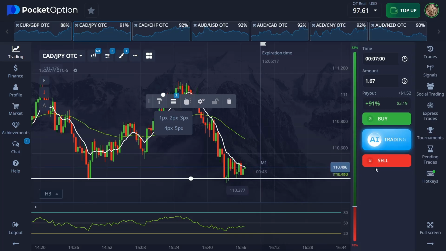But in binary option, the difference is that you don't have pips. Your profit is not calculated in pips. You don't have stop loss. You don't have to set that up.